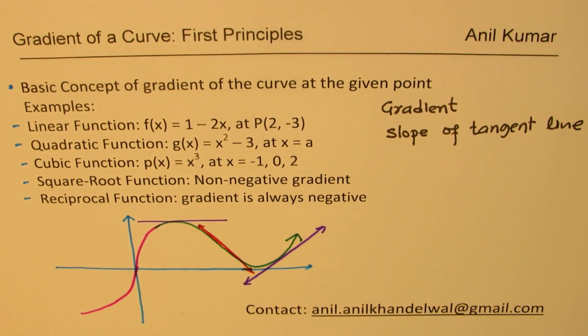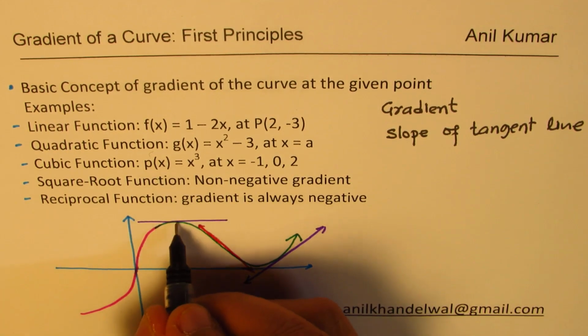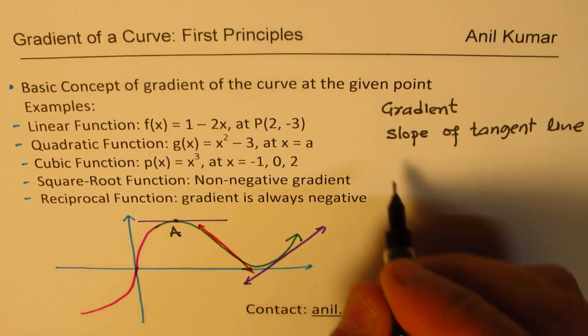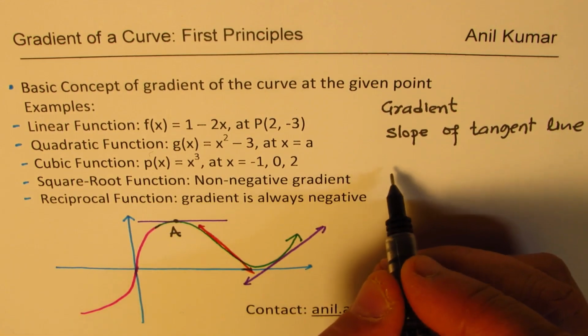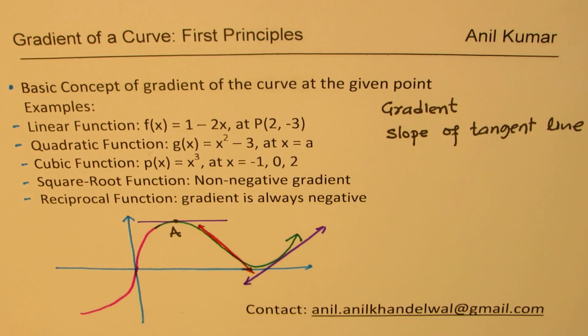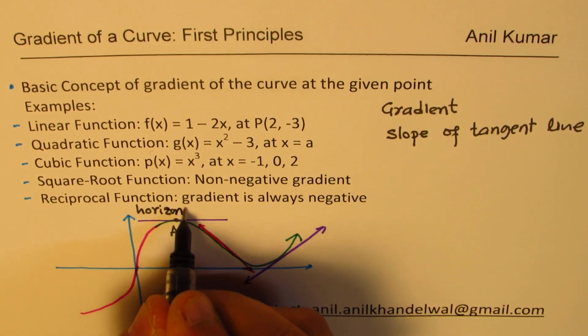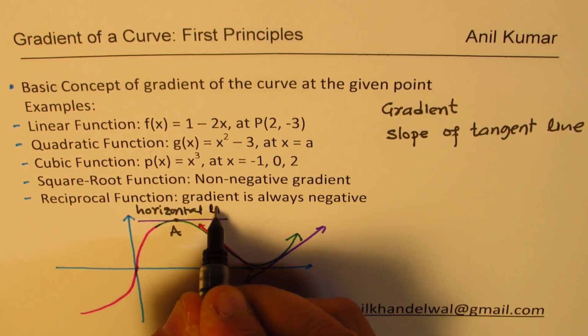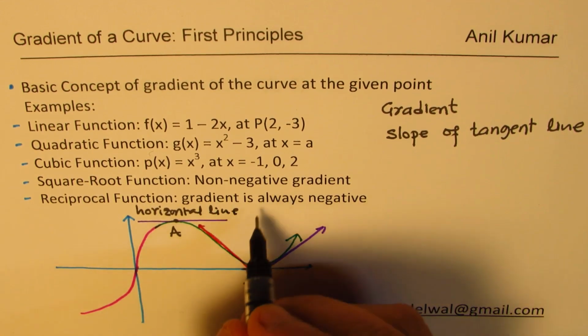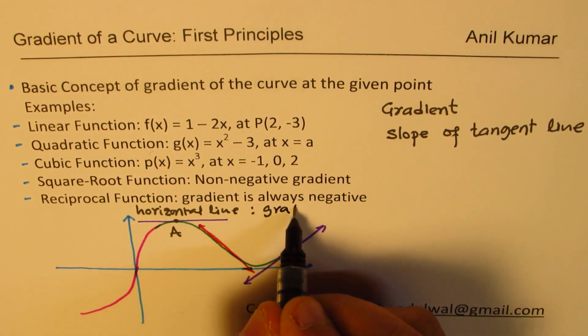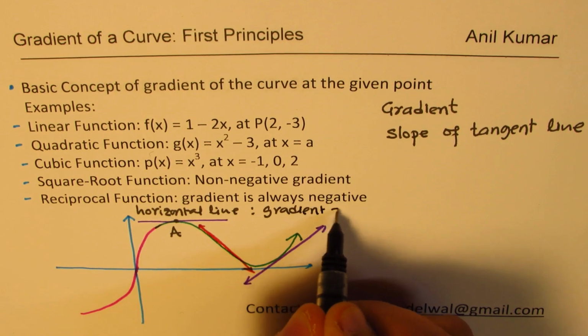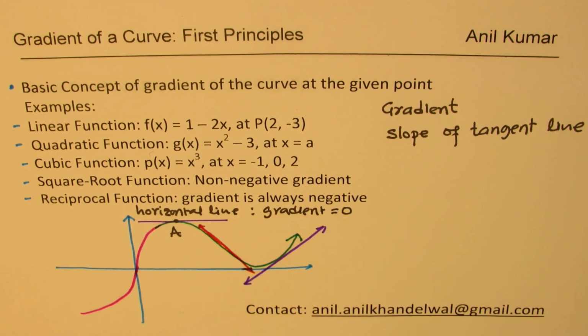Right. So at this point A, we say slope is 0 at A. So we say gradient at A is 0. So this is a horizontal line. Now here the gradient is 0. Very important, right?